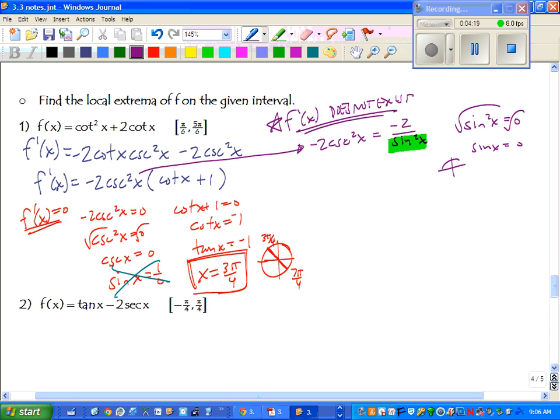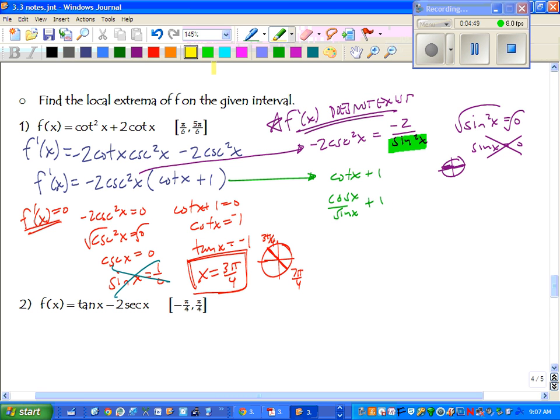So on the unit circle, our sine is equal to 0 at 0 and pi, but that doesn't fall in this interval, so this doesn't help us at all. But we do need to take that into account because it could possibly give us a critical value. Here, if we look at our other factor, cotangent of x plus 1, well, cotangent is cosine over sine.